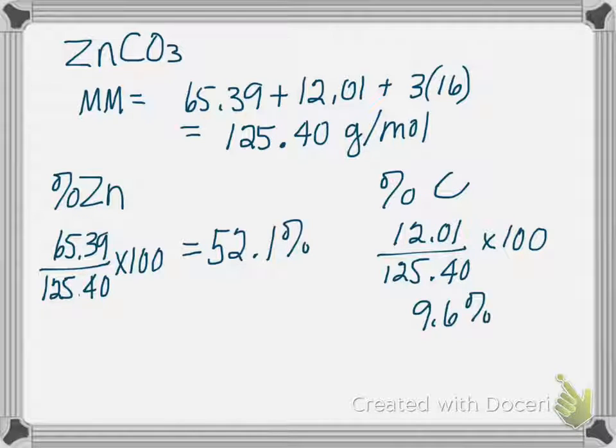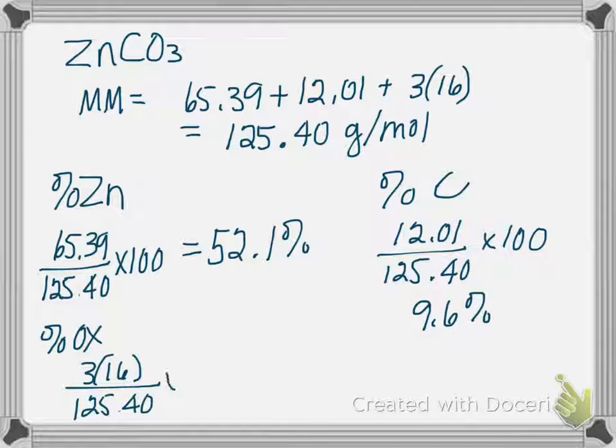Again, when you enter the answers into Canvas, you really need to be careful to make sure you round correctly. And then lastly is the percentage of oxygen. I always put OX because if I put just O, sometimes people think it's a 0. And so then we're going to do 3 times 16 because we have 3 oxygen, divided by 125.40 times 100.